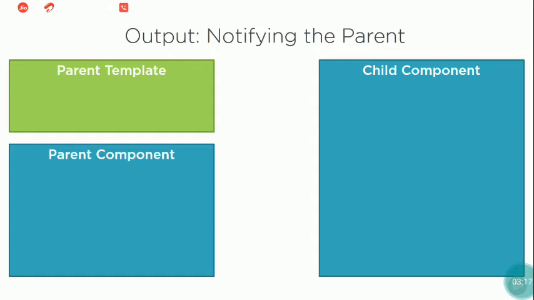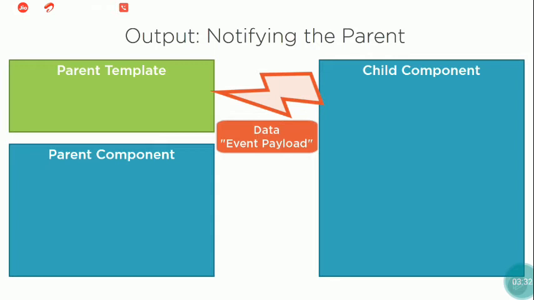The key mechanism that a child component uses to communicate with its parent component is to emit events. The child can notify the parent of a change event or click event or any type of custom event. The child can pass data as part of that event. That data is often called the event payload.